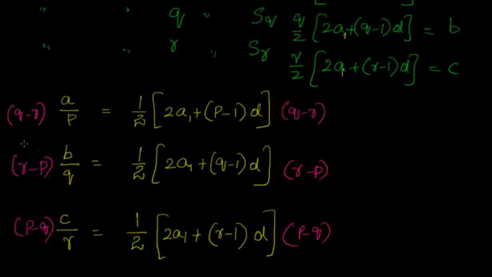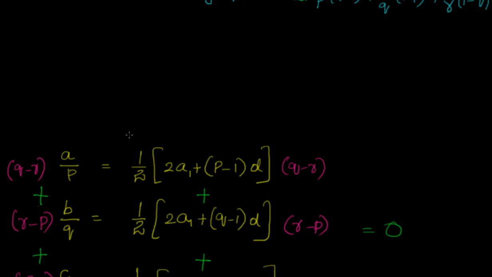Now, what we have to prove is the sum of this is equal to 0. That means I should add on the right hand side all the three terms and prove that it's equal to 0. So let's do that. We will add the right hand side, whatever we have.